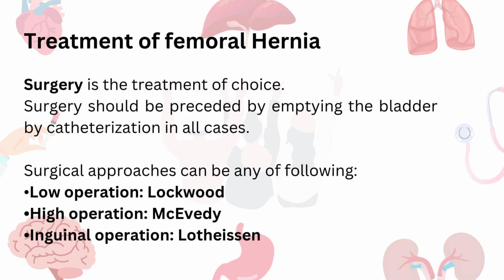You need to apply the anesthesia, etc. There are several different types of femoral hernia operations: the low operation, the high operation, and the inguinal operation. The low operation is called the Lockwood operation. The high operation is called the McEvedy operation, and the inguinal operation is the Lotheissen operation. And we are obviously going to look at all of these in the next few slides.